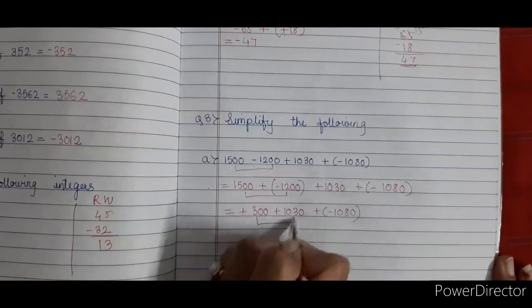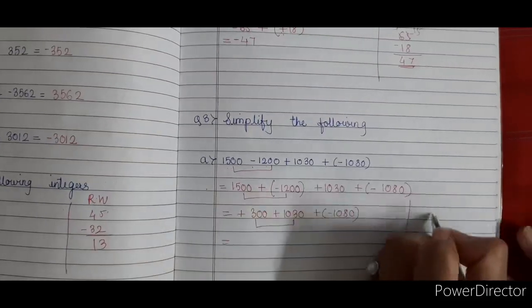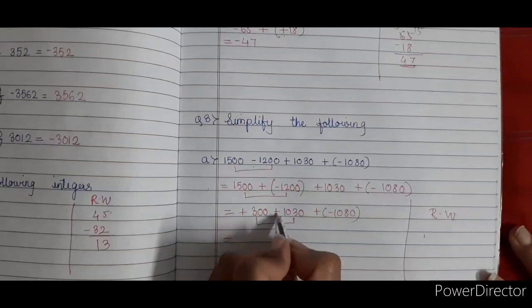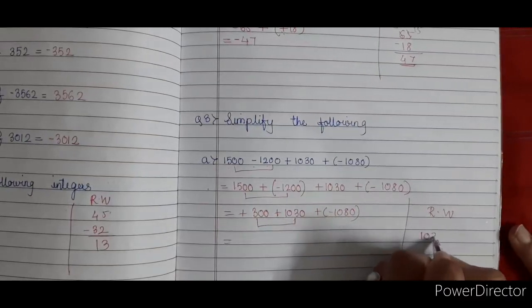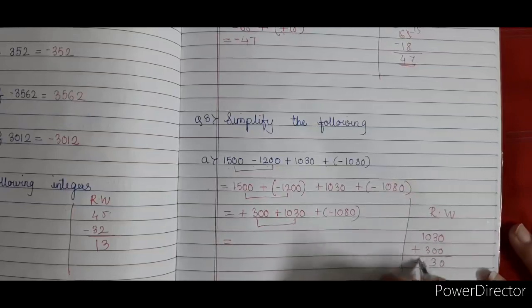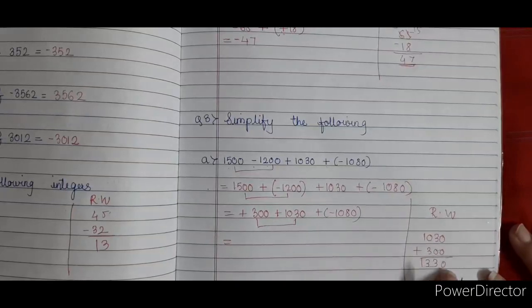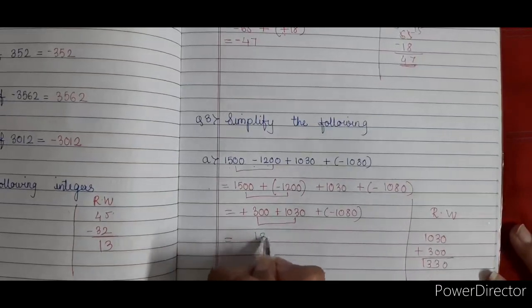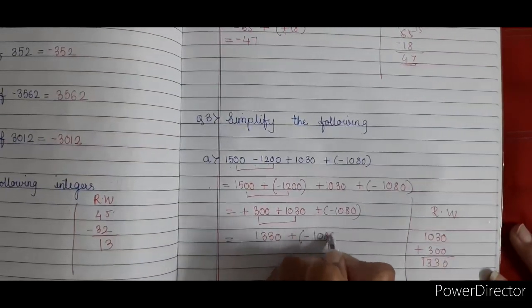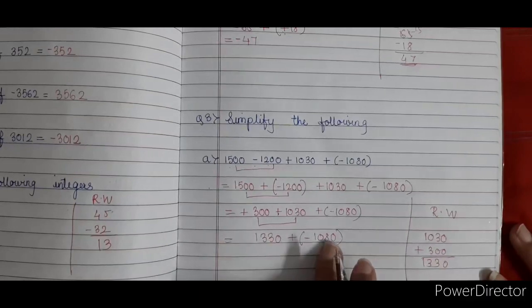Again, I'll take 2 at a time. You can also perform rough work. So both of them have same sign, so I'll add them. 1030 plus 300, it is 1330 plus minus 1080. I'll look for the sign.